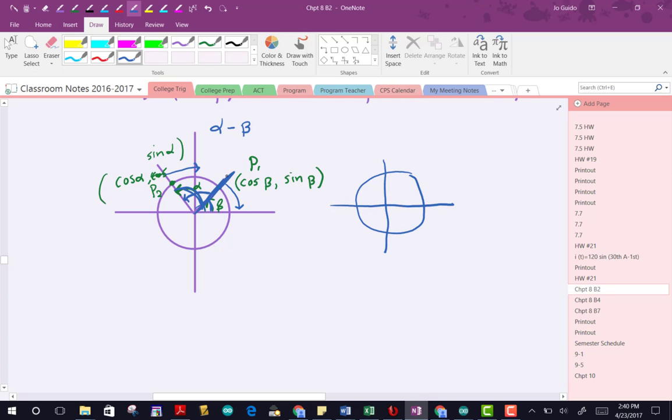And so this angle in here is the angle alpha minus beta. And so this point here, which we're going to call P3, has coordinates cosine of alpha minus beta and the sine of our angle, which is alpha minus beta.